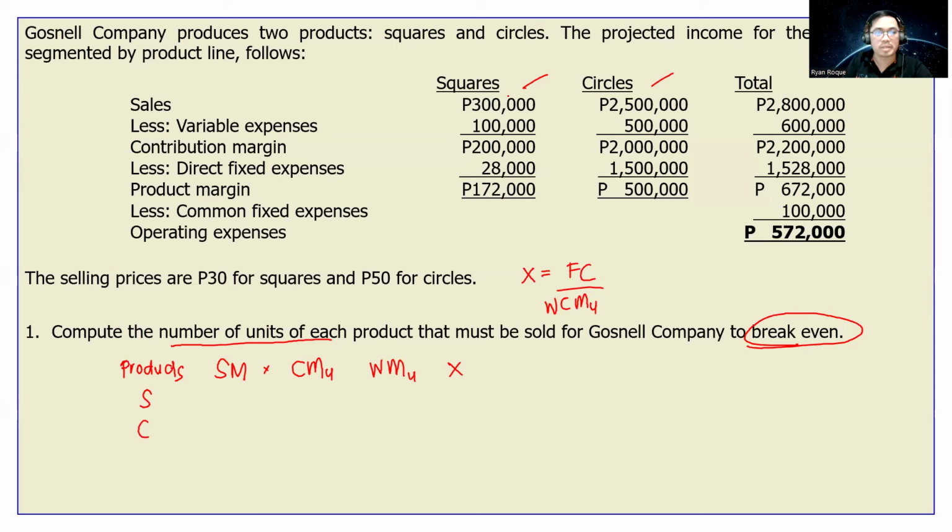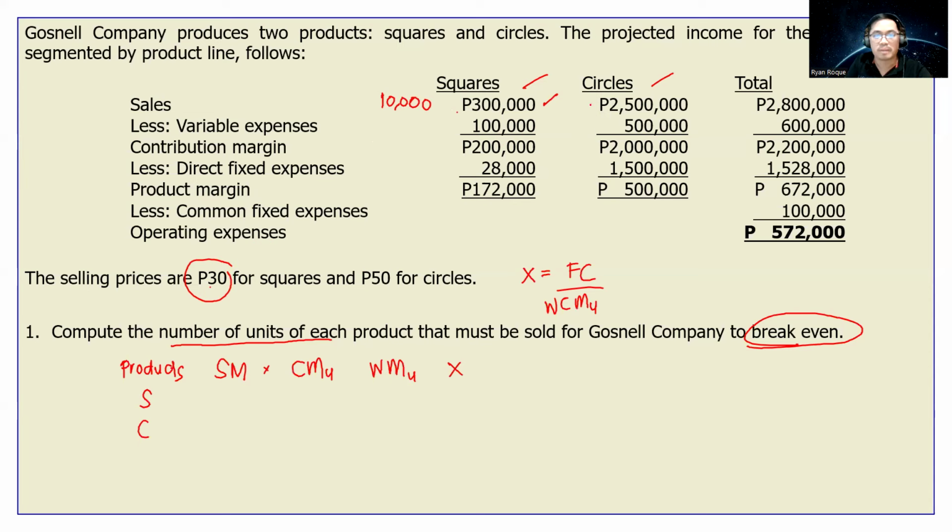So, what is the sales mix? For squares, we have 300,000 in sales. And how much is the selling price per unit? It's 30 for squares. 300,000 divided by 30, meaning we are selling 10,000 units of squares. And for circles, how many units are being sold? That is shown in the projected income statement.